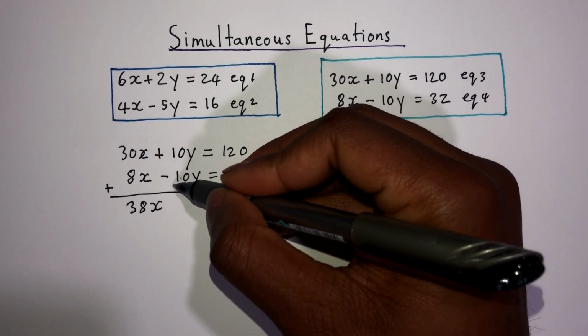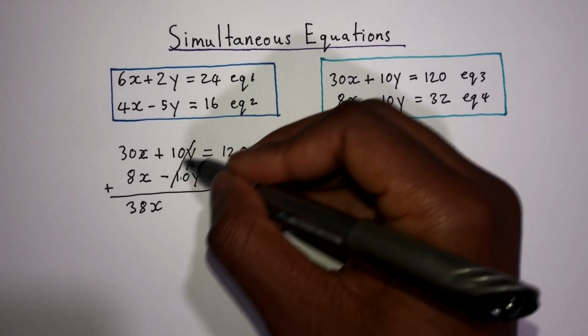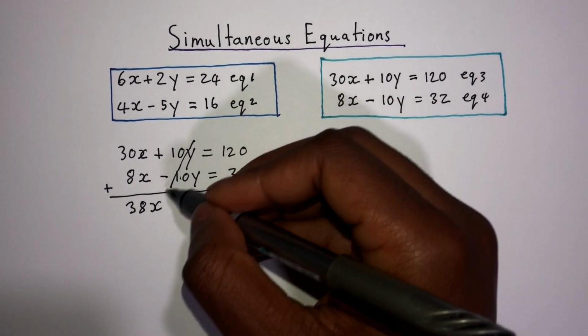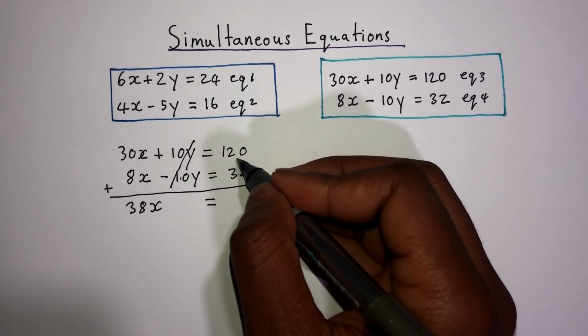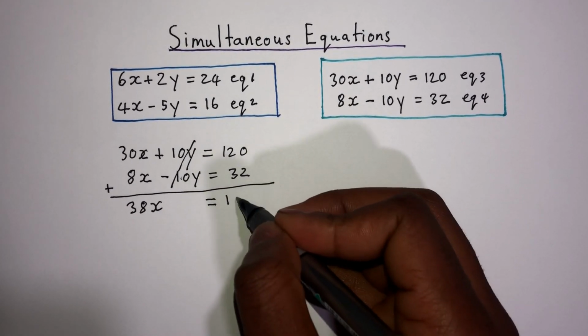And now we see that the y terms are now eliminated. So we're left with 120 plus 32, which is 152.